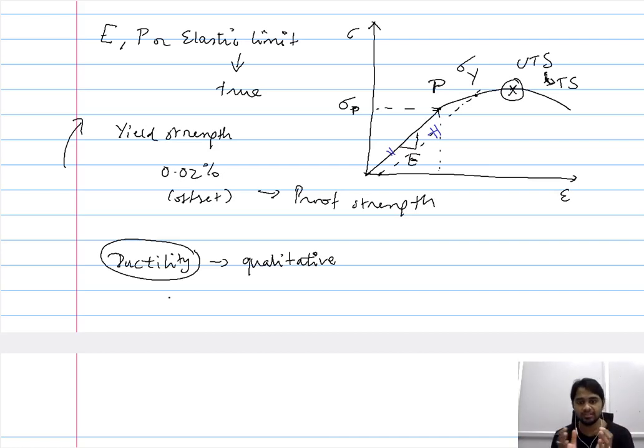So what this ductility is, it is nothing but the ability of the material to undergo changes before it fails. The ductility is a qualitative description, not a quantitative one. It is the ability of a material to undergo deformation before it fails. The amount of deformation that a material can withstand before it fails is what we refer to as the ductility.